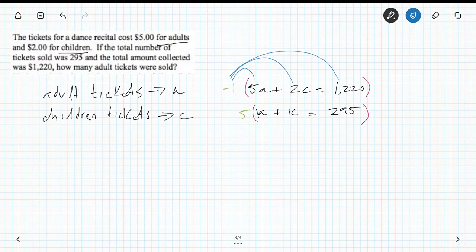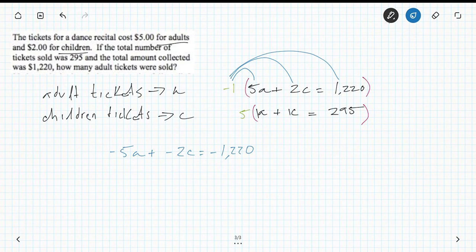That is going to give me a new line that says -1 times 5 is -5a, and -1 times 2 is going to be plus -2c equals -1,220.